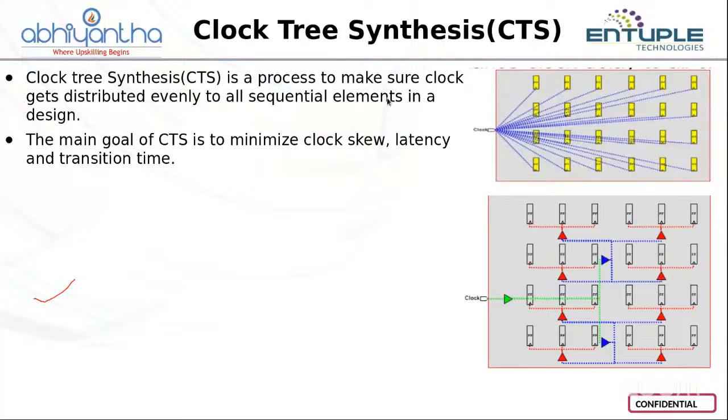Then you need to check, if you consider the first row of flip-flops and the last row of flip-flops, how much time it takes for the clock to reach the flip-flop and activate it. So you need to identify the difference, and this difference should be optimized.